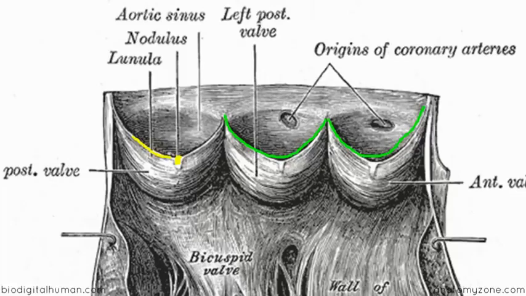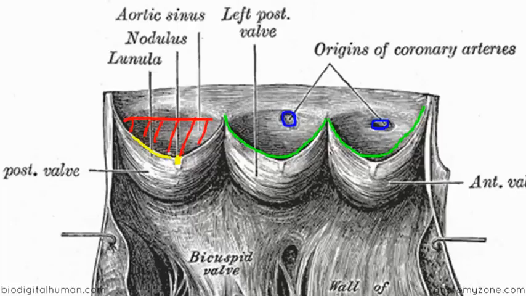And then you've got the aortic sinus, which is this area between the wall of the vessel and the cusp. In the right and the left cusps, you've got the openings, the origins of the right and the left coronary arteries opening into this sinus.